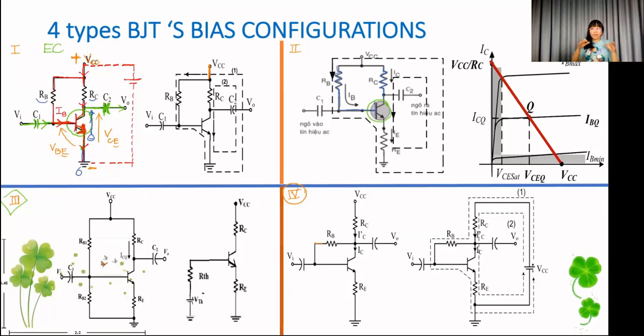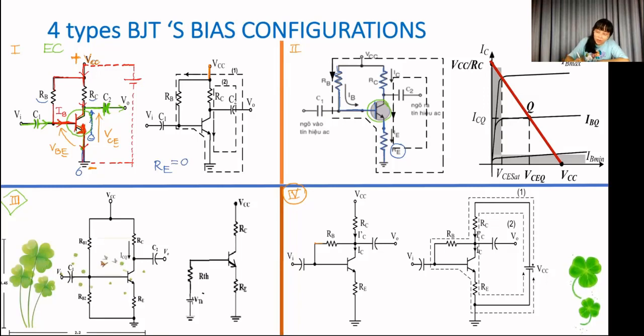And what kind of difference between the first and the second? In the emitter, we have this, this is called the resistance of the emitter. In this configuration, the resistance of the emitter is equal to 0 in the first.